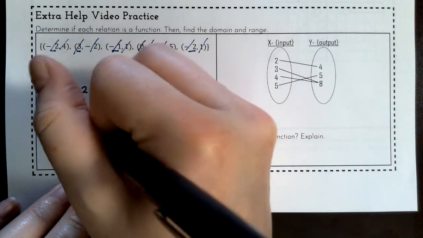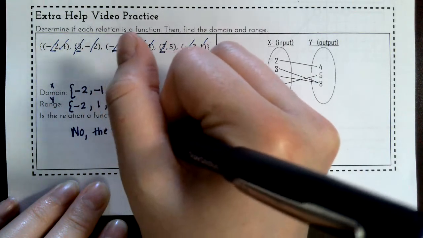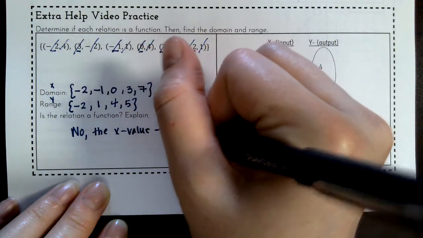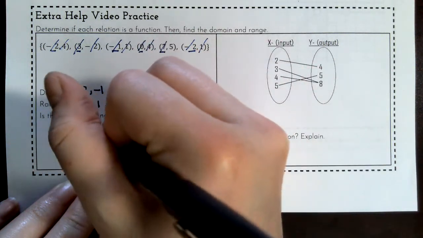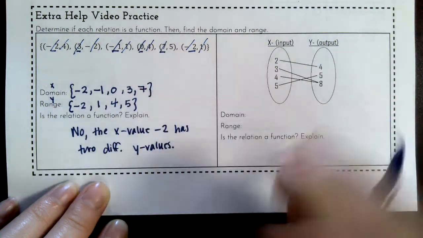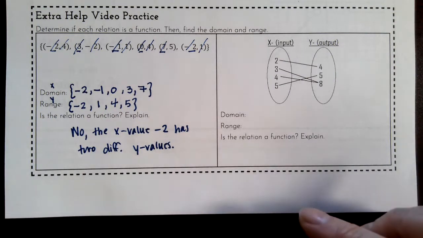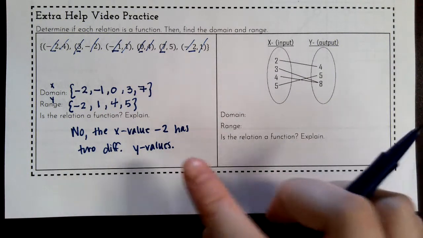So we're going to say the X value -2 has two different Y values. You can also say things about birthdays in your explanation. I don't really care. So if you say like -2 has two birthdays, I understand what you mean.